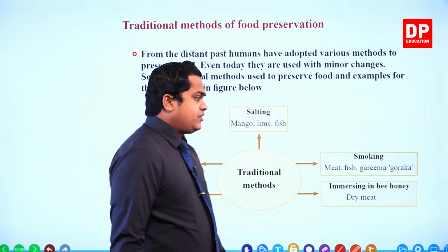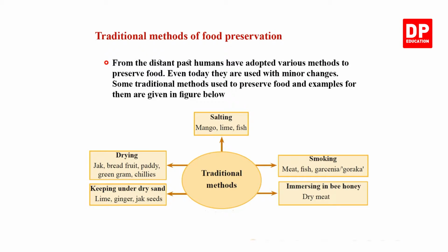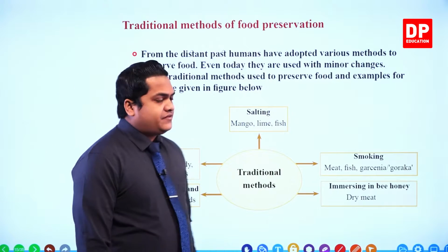So let's head on to see the diagram. The main traditional methods of preserving food can be considered as salting, smoking, immersing in bee honey, drying and keeping under dry sand.